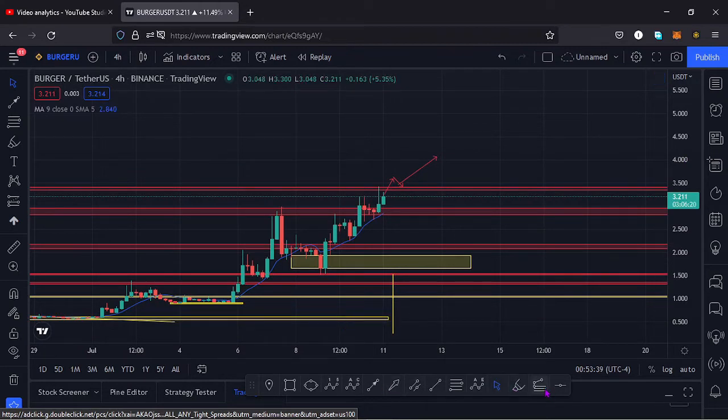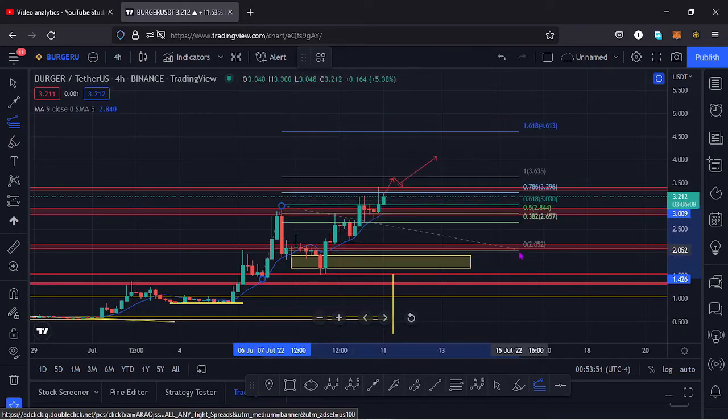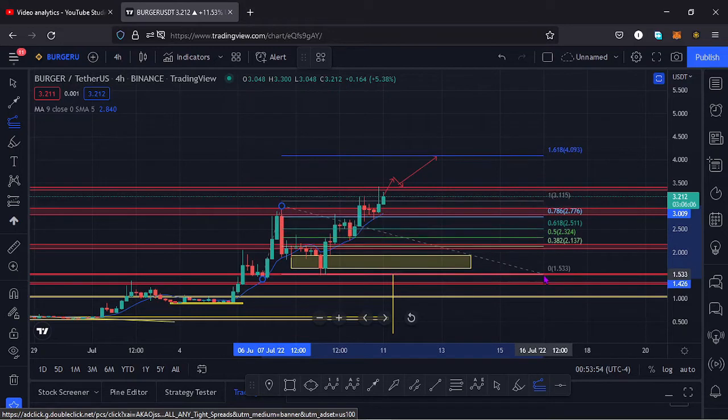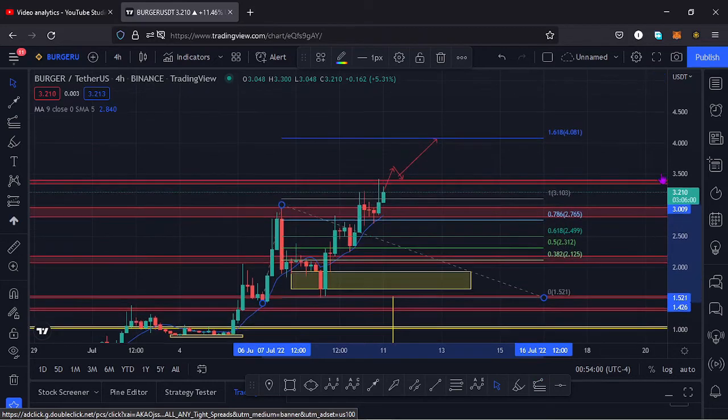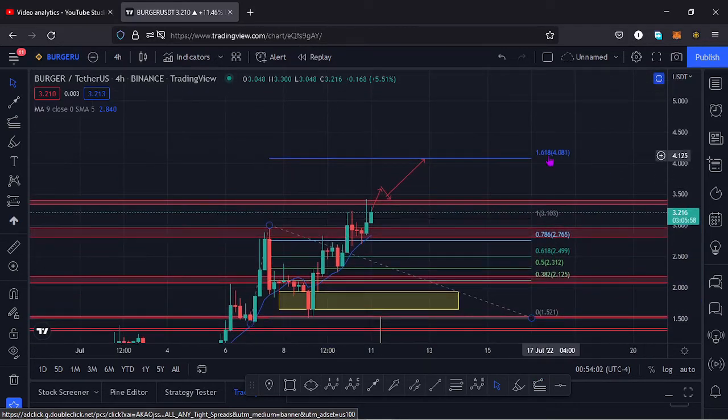And to give you that target, I'll be using the trend based fib. So I get the recent lows that we have from this low that I have here to that high, then drag that line to that low that we made yesterday, and that gives me a target at around the $4.08 mark.